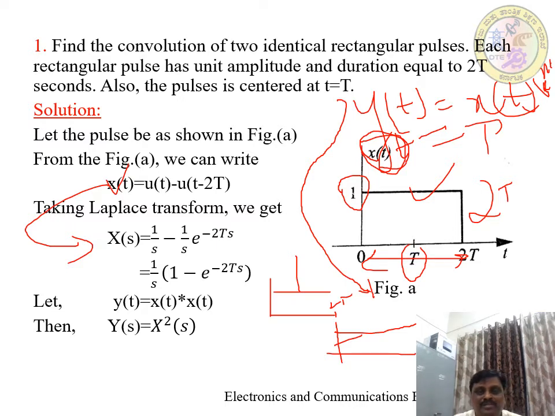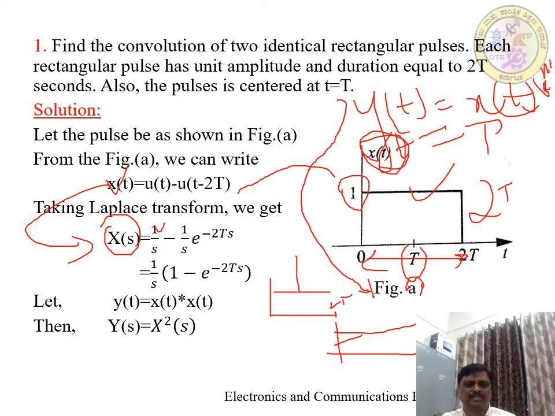LT of the unit step function is 1 by s. LT of the delayed unit step function is 1 by s e to the power of minus 2Ts. Therefore, taking 1 by s outside, inside the bracket 1 minus e to the power of minus 2Ts. This is our X of s, the LT of the function x of t shown in figure A.